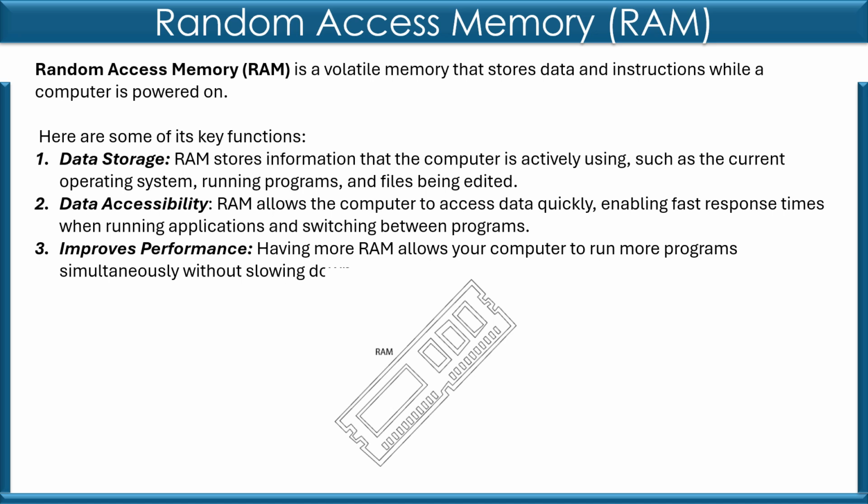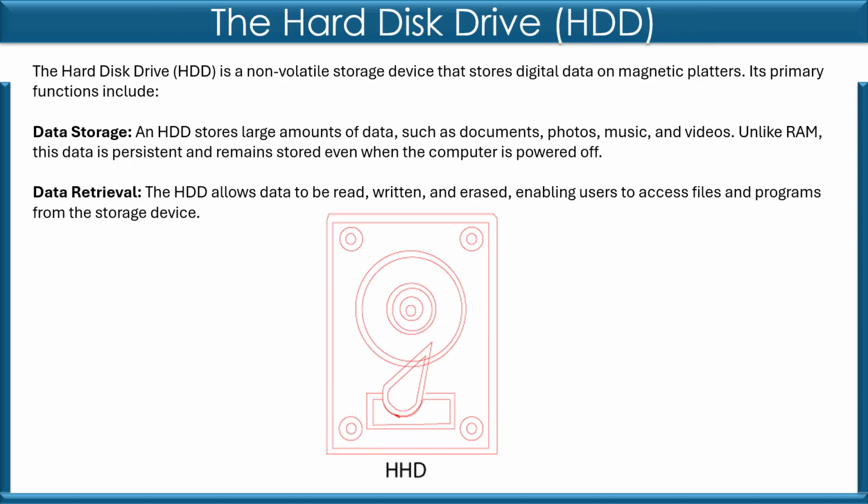Below is an illustration of such a component. The hard disk drive is a non-volatile storage that stores digital information or data on magnetic platters. Its primary functions include storing data and data retrieval. Below there again is an illustration.